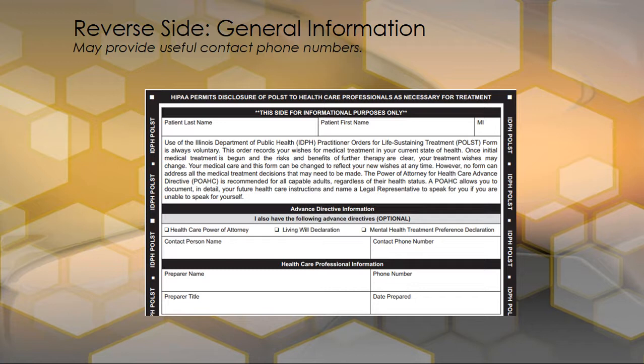As EMS providers, we only care about page 1 of the form. However, it's important that if we are transporting a patient to a hospital who has a POLST form, we make sure that we have both sides of the form, or both pages if it's been copied that way, so that the hospital has that information should they need it.